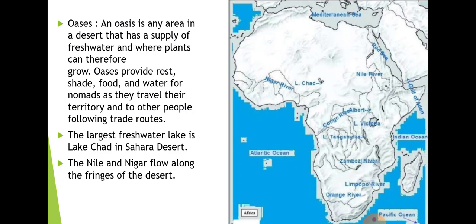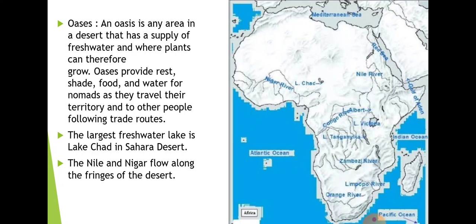Basically, an oasis is a kind of pond which lies in between the desert, and it is connected with the groundwater. That is why water is available in the desert; it is just because it is connected with the groundwater. Sometimes the oasis provides rest to the people.